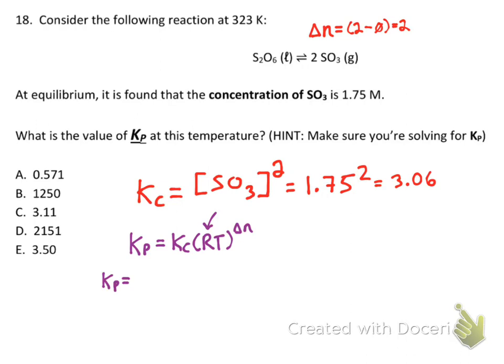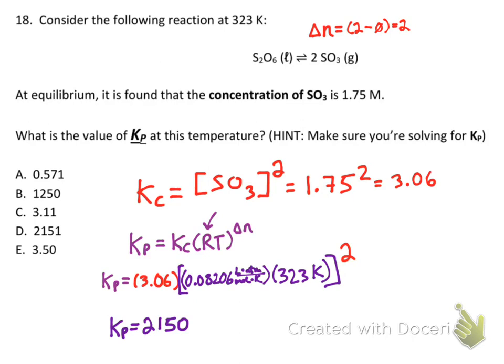So Kp is going to equal that Kc that we solved for, 3.06, times R, 0.08206 liters atmospheres per mole Kelvin, times our temperature, which is 323 K, and then all this is to the delta n, which we solved for before. Our delta n is equal to 2. So now let's see what we end up getting. We end up getting that Kp is equal to 2,150.